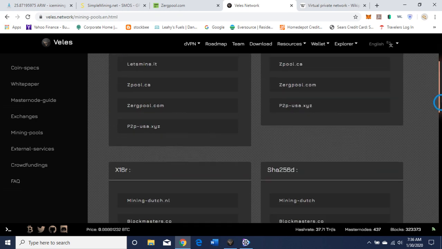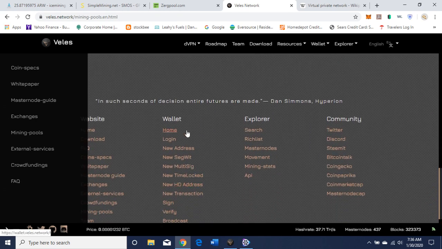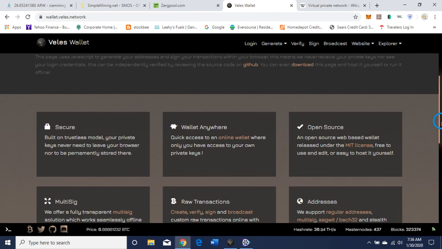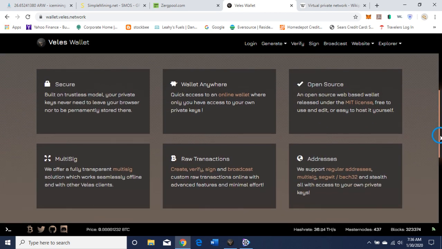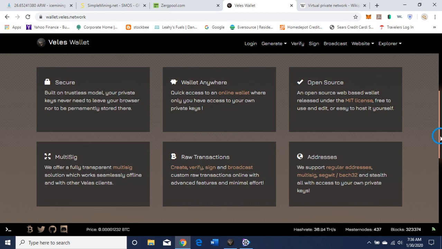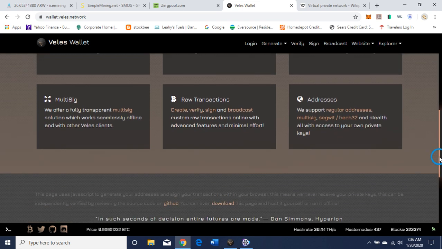Let's see if I can find it here. So this talks about the wallet. Secure, built on trustless model. Your private keys never need to leave your browser. Wallet anywhere. Quick access to online wallet where you only have access to your own private keys. Open source, etc.